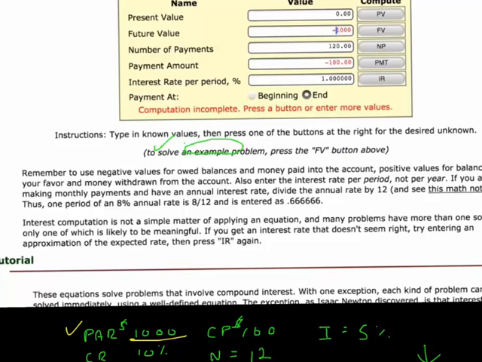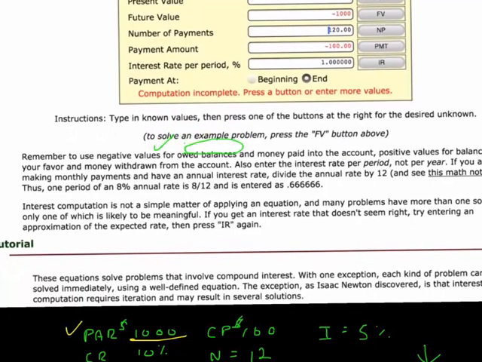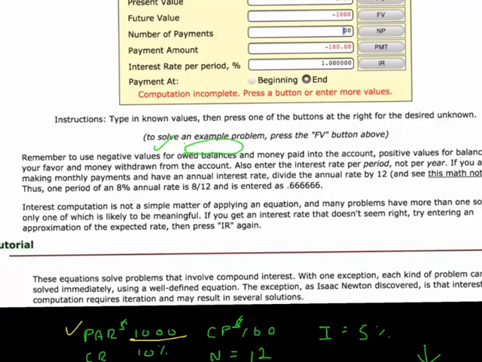Number of payments, that we know. I'm erasing what the defaults are in here. We had 12 payments left, 12 years, so 12.